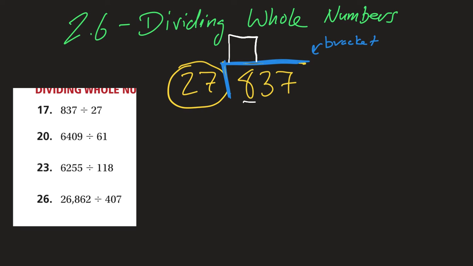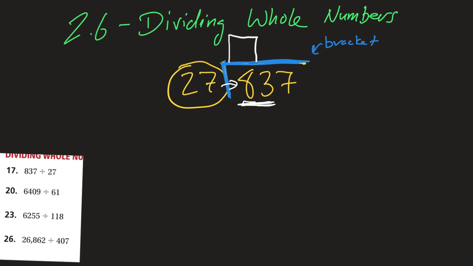If it doesn't fit into the 8, then we extend it and ask, how many times does it fit into the number 83? How many times does 27 fit into 83? Then I do a little bit of side math. I think, how many times can I multiply 27 to get up to 83? So we start trying numbers. Let's try 3. 3 times 27 gives me 81.